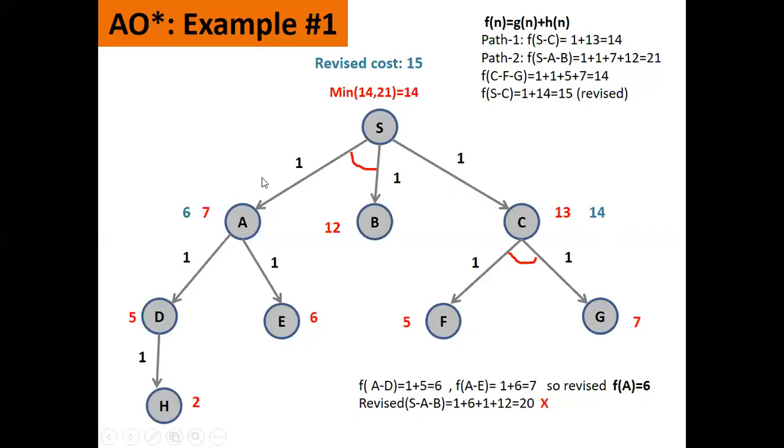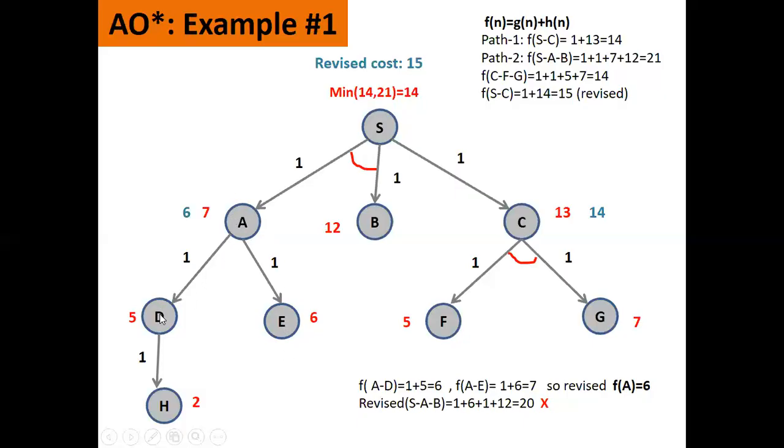Is it fine? Once you come to this side, B cannot be explored further, right? So this you can call a futile node. Now A can be explored further and A has two paths. You can go from A to D, you can go from A to E. There is no AND arc, so it is an OR part, like we had in the A star algorithm.